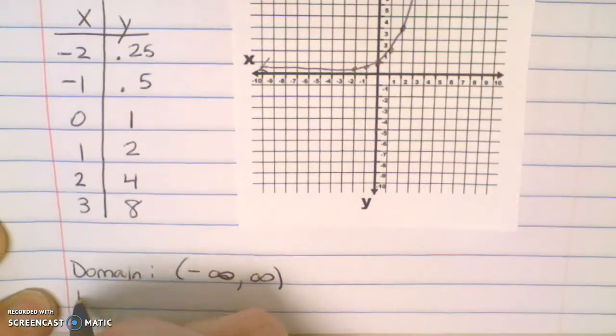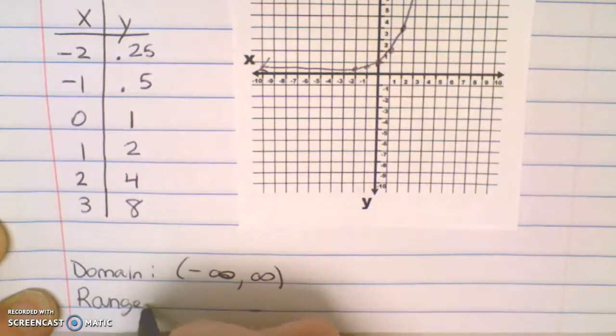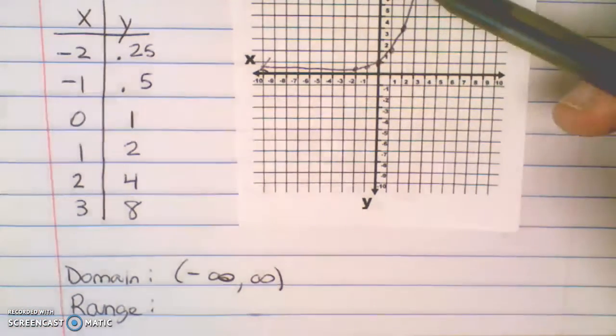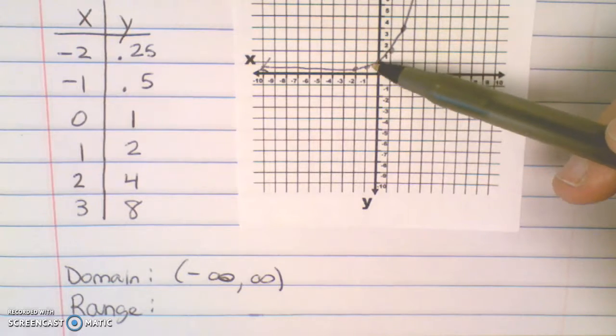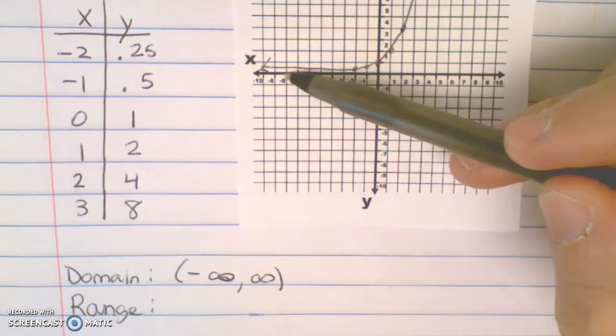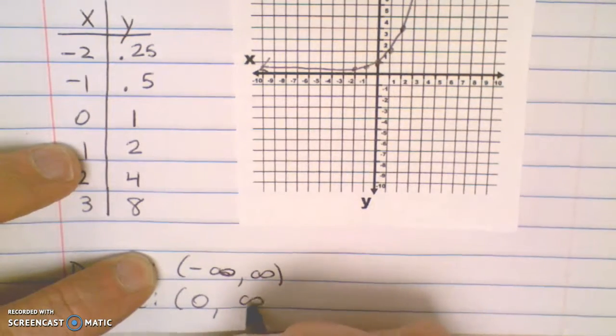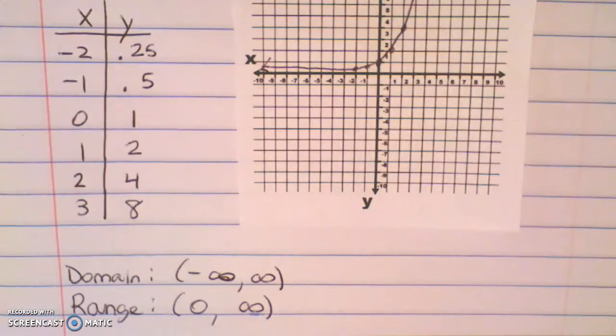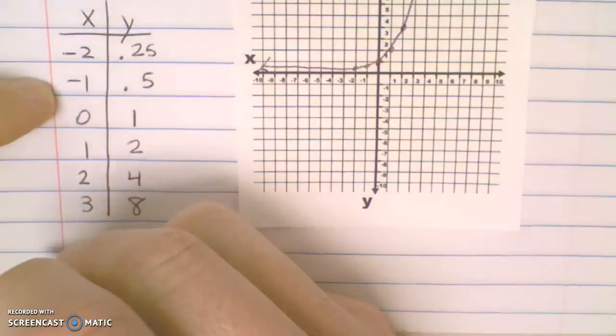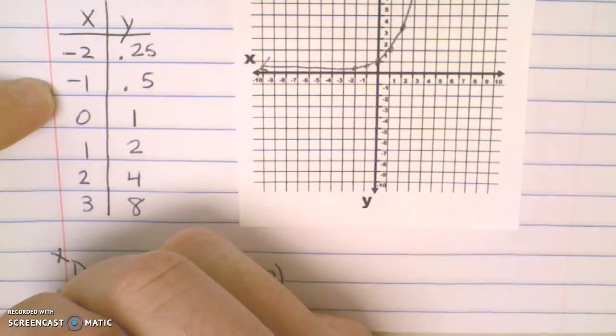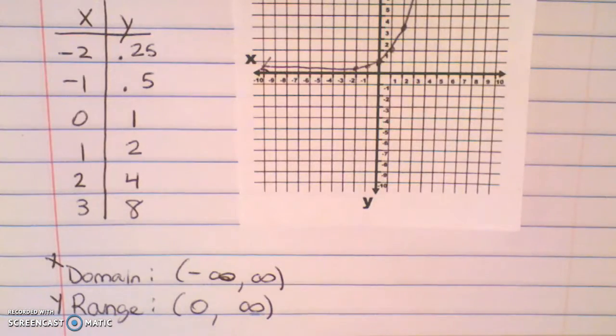And the range, so that's as low as you can go on the graph. So the lowest point I can reach, but I'm never touching, is up to 0. So it goes from 0 to infinity. So domain, remember, is your x values, and range is your y. So we're just looking at the domain and the range for that graph.